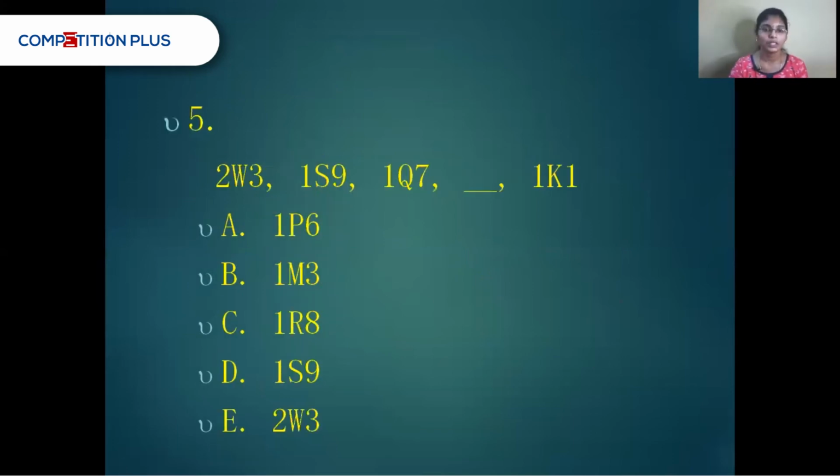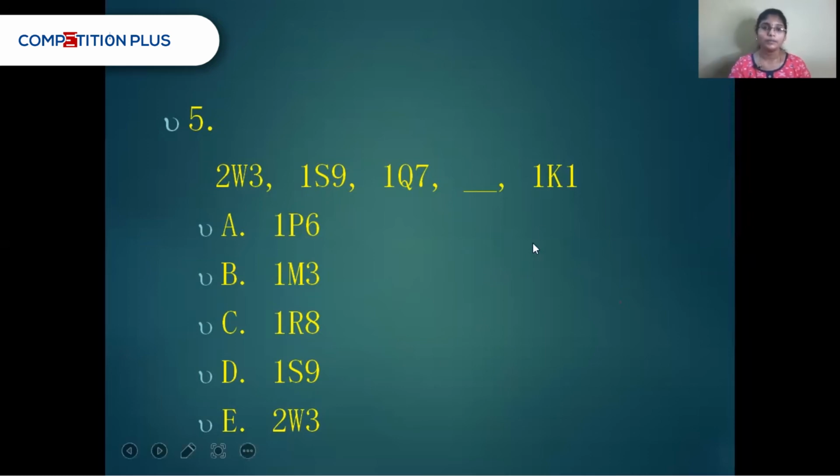Your fifth question is 2W3, 1S9, 1Q7, the missing term, and 1K1. So how are we going to solve this? This is a very, very simple question where you need to pay attention and think for a while. First, find out the logic of the numbers and the logic of the letters used in the question.